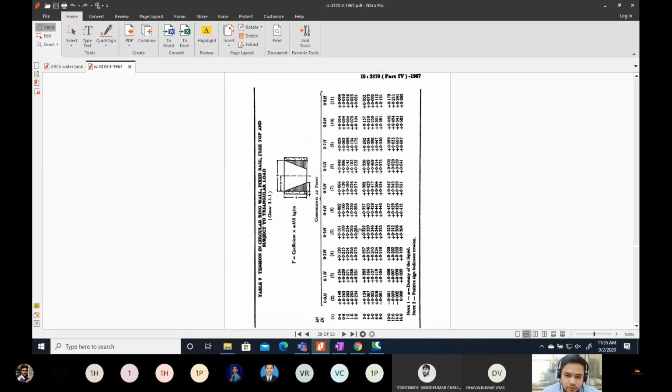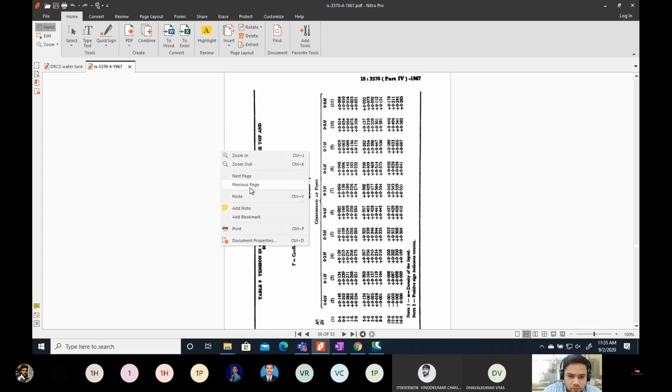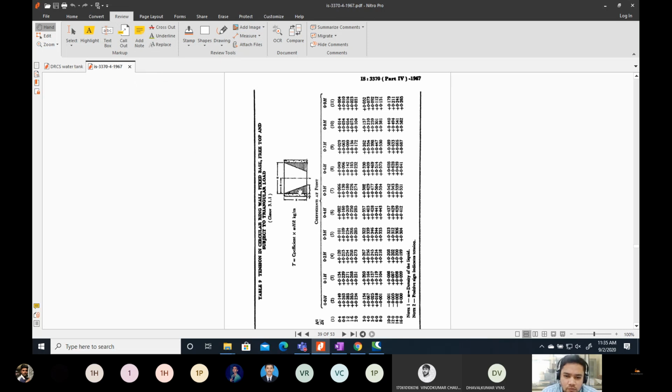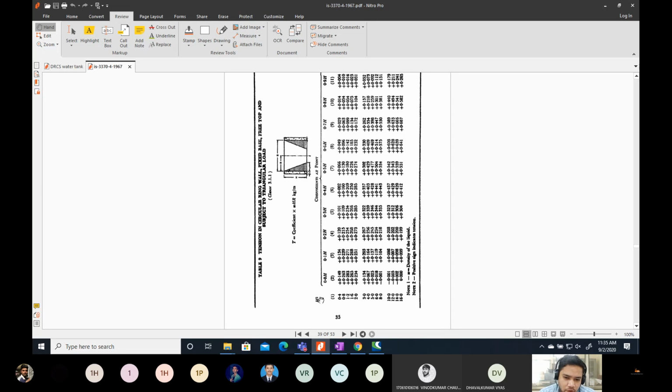Okay, and this is the table. So for different h square by dt ratio, you can have the coefficients throughout the depth of the cylindrical wall. So this table 9 gives the tension in cylindrical walls with fixed base and free top.